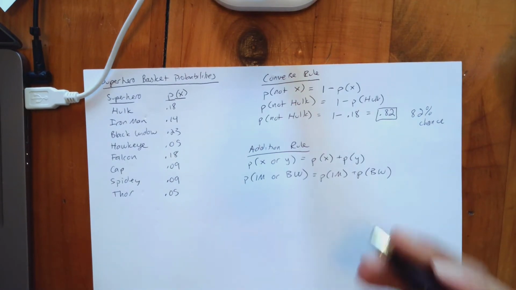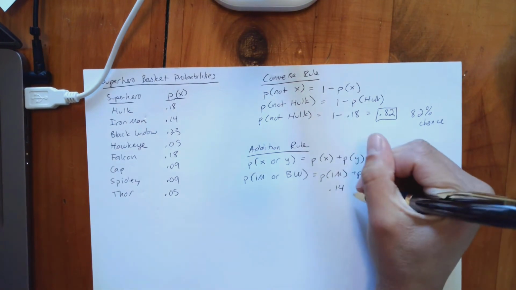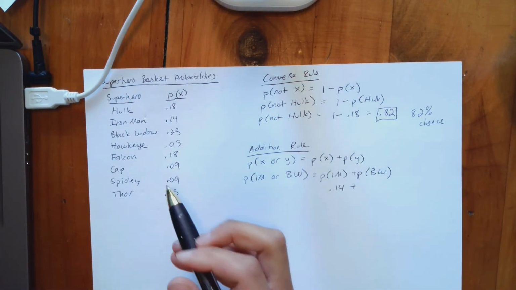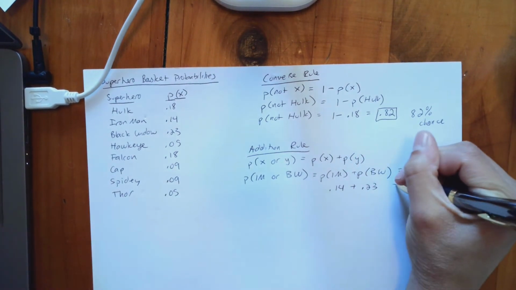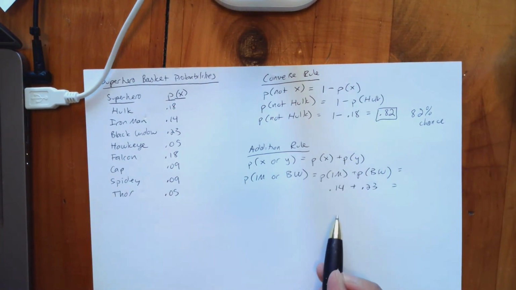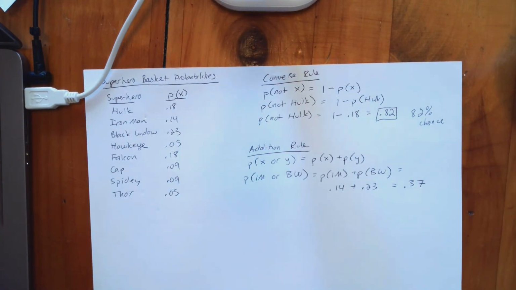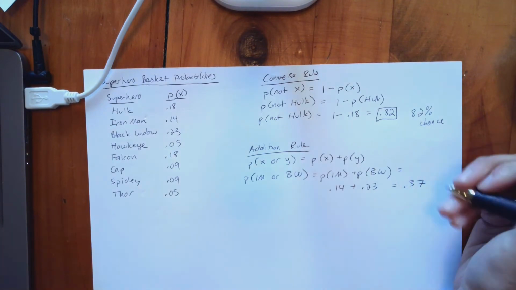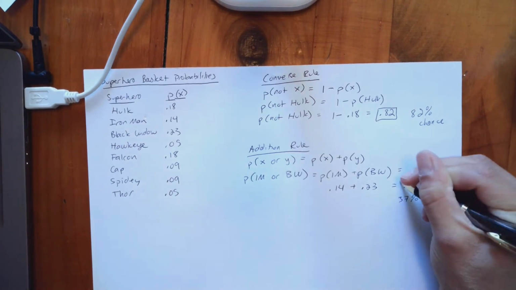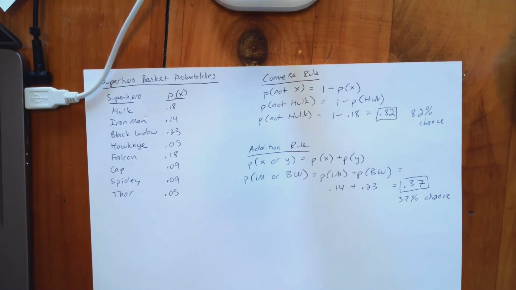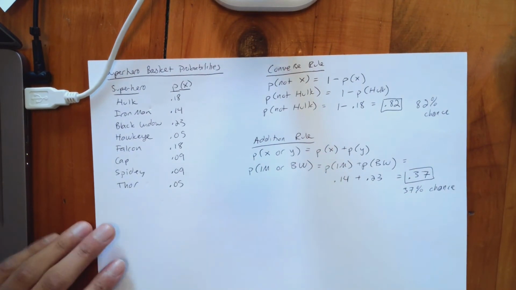We can plug in our numbers here. Our probability of getting Iron Man is 0.14. Our probability of getting Black Widow is 0.23. So our probability of getting Iron Man or Black Widow is going to come out to 0.37, or a 37% chance. And by the way, I'm doing this math in my head, so if you see any mistakes, let me know for extra credit. But I think I'm okay there.